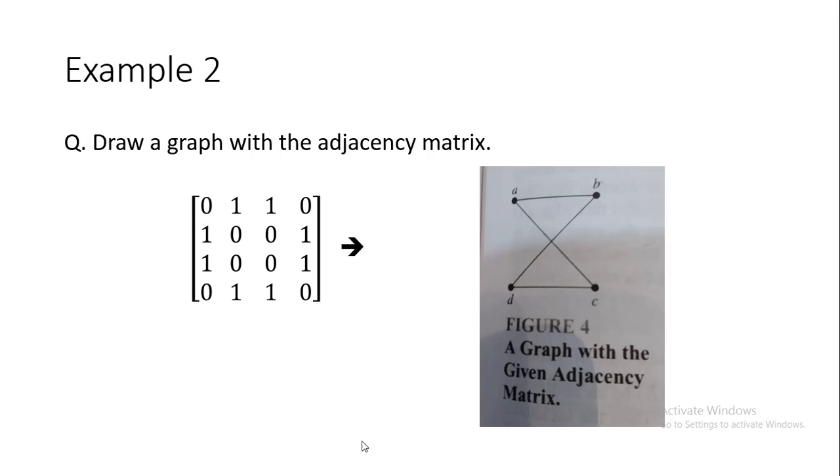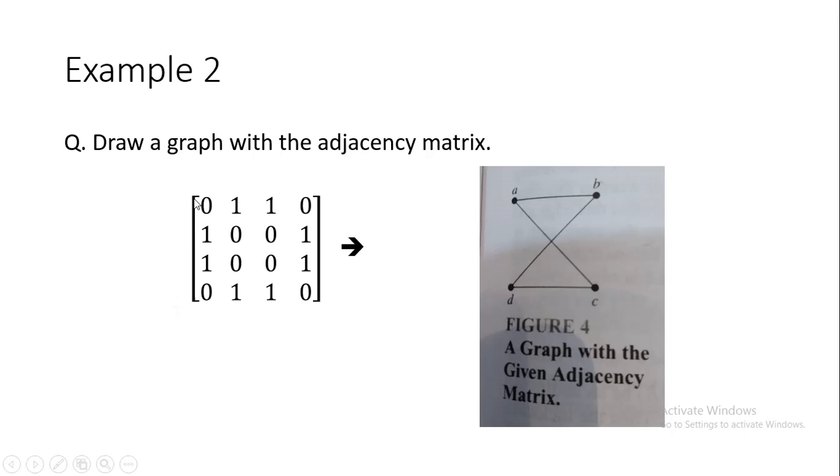But in this question, the adjacency matrix is given and from that matrix you have to draw or find the graph. See here, the adjacency matrix is given. For your simplicity, you can write down A, B, C, D or P, Q, R, S, anything you want, along the top, and the same along the side, A, B, C, D.